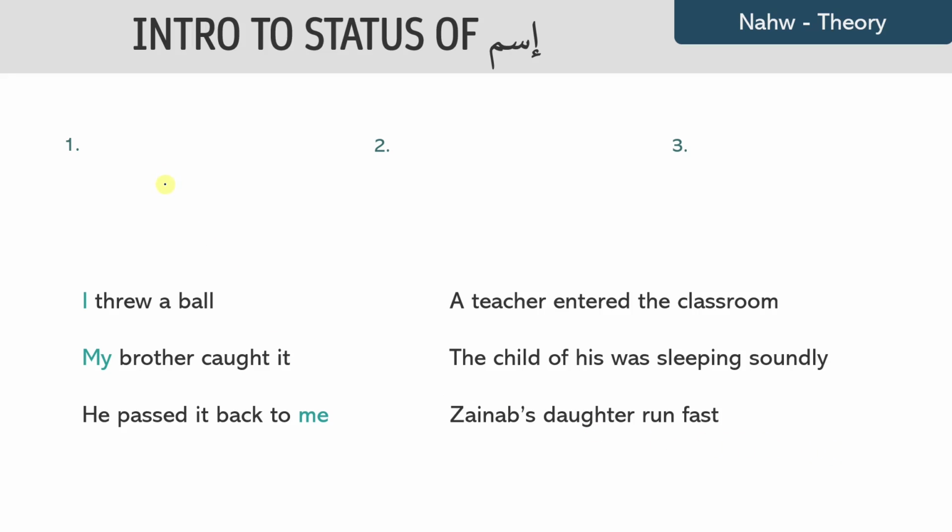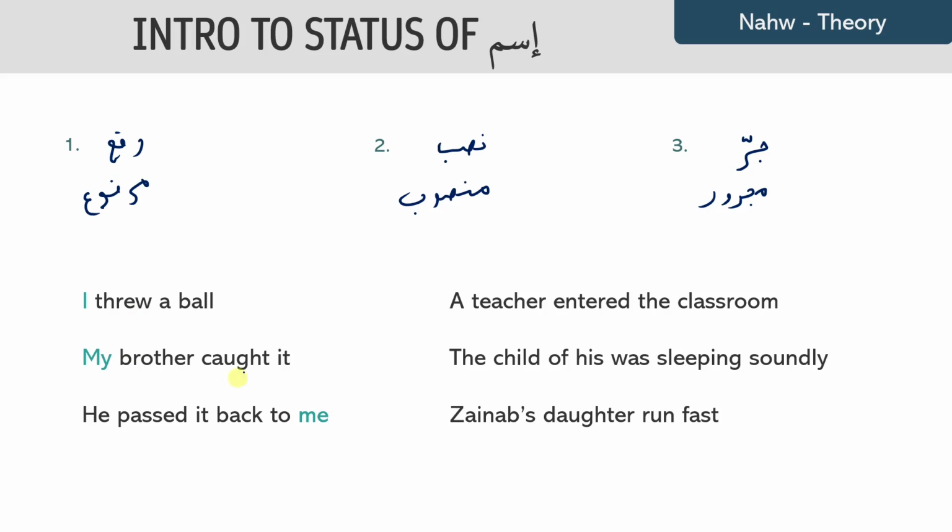So in Arabic, there are three forms of status. You have the rafa, and a word that is in the state of rafa, you call it marfu'. Then you have nasab, and a word that is in the state of nasab, you call it mansub. And you have the jar state, and a word that is in the state of jar, you call it majrur.